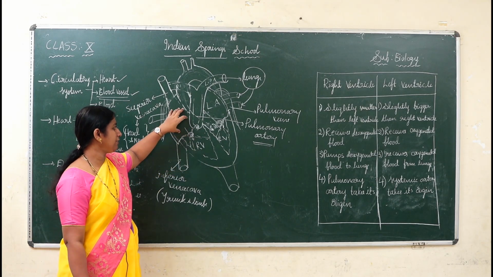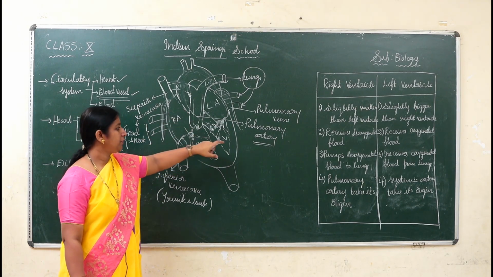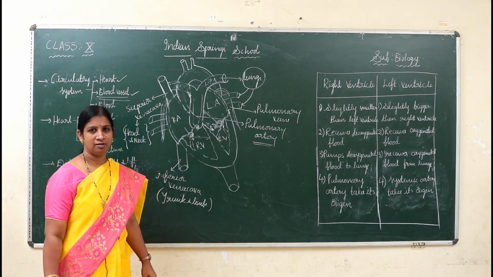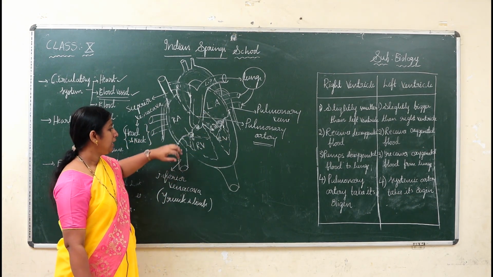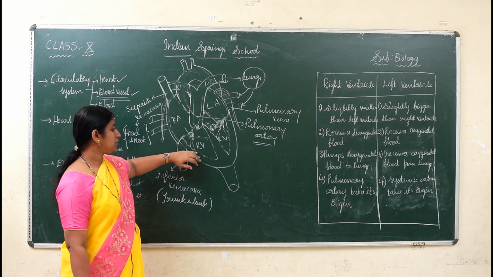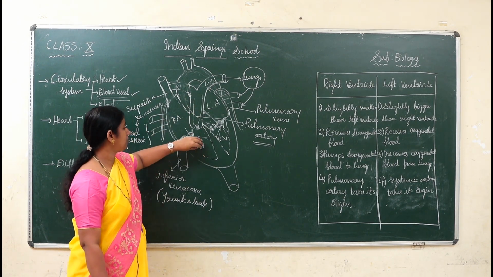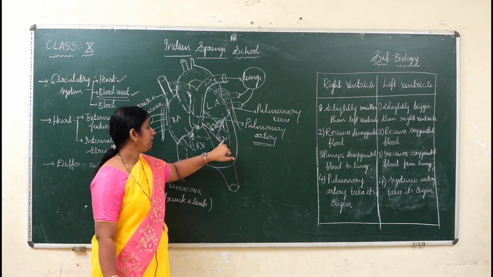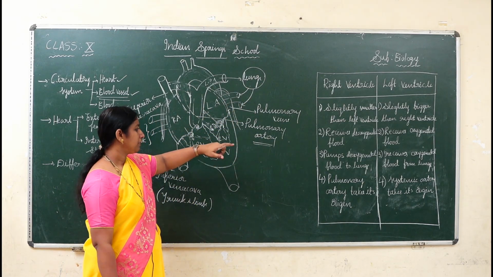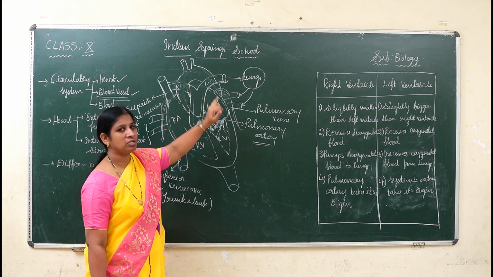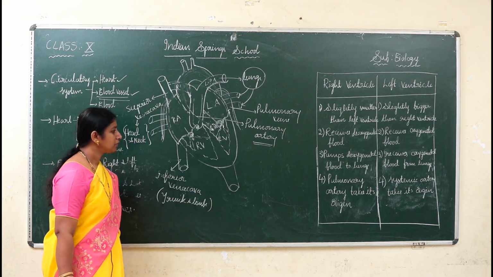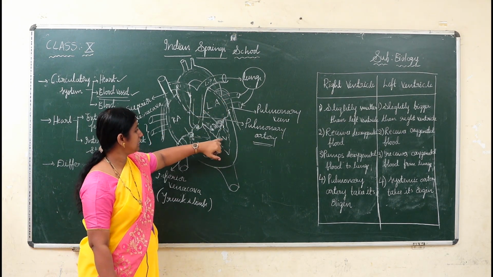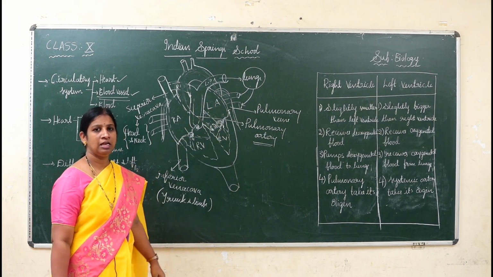Right ventricle receives deoxygenated blood, whereas left ventricle receives oxygenated blood. The next one: right ventricle pumps deoxygenated blood to the lungs, whereas left ventricle sends blood to the systemic artery. One important thing: it sends blood to the lungs, whereas the left side receives blood from the lungs.